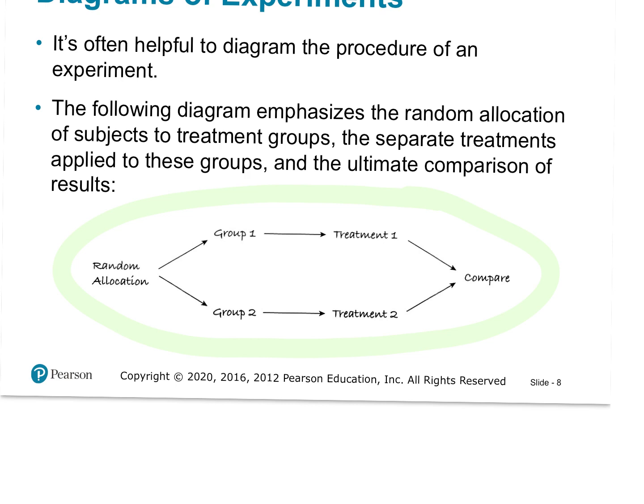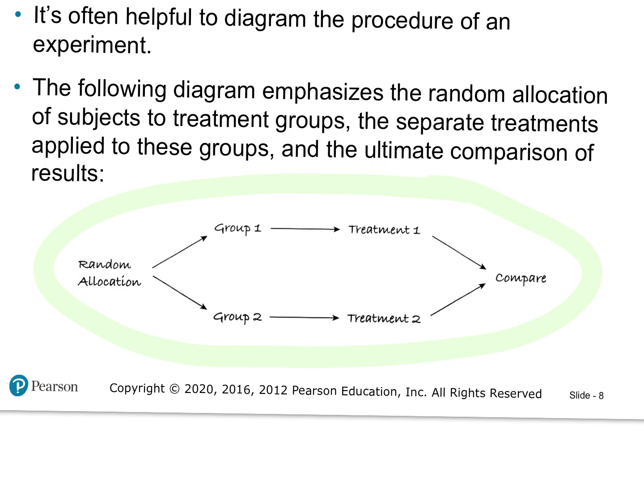There's going to be at least 2 groups because it says treatment 1 and treatment 2. Treatment 1 is probably, if they're testing a new drug to see if it performs better than the current drug, the group that is getting the new drug. And then this is what would be considered the control group or the placebo group.